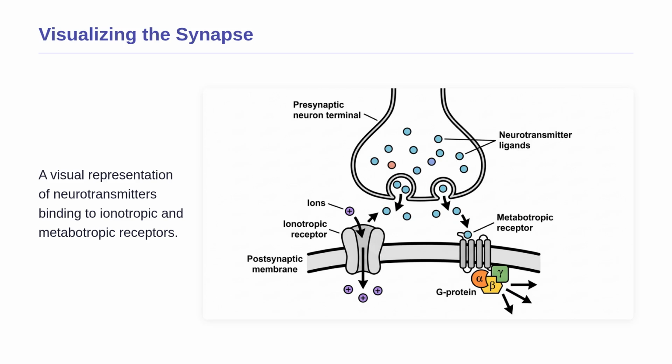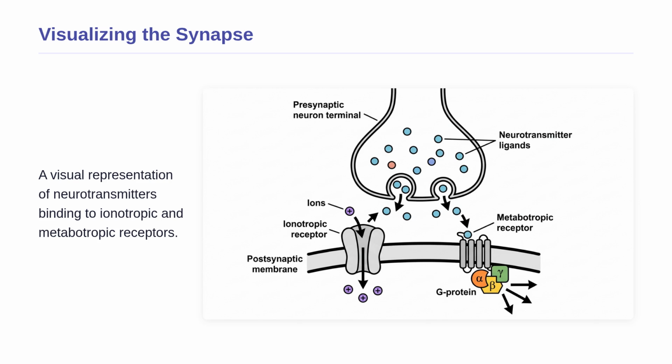To make these classifications perfectly clear, let us look at this diagram of a synapse. At the top, you can see the presynaptic neuron terminal releasing small circular neurotransmitters, which are our ligands, into the synaptic cleft. Below that is the postsynaptic membrane, where our receptors live. On the left, notice the ionotropic receptor.